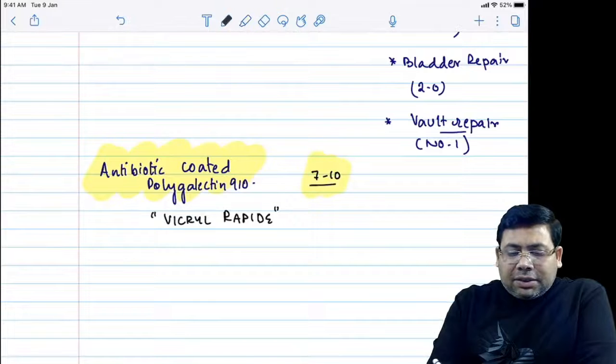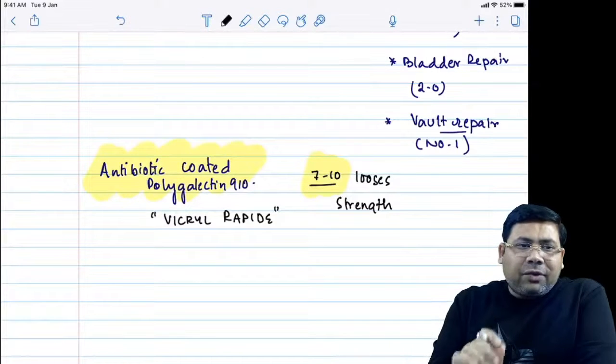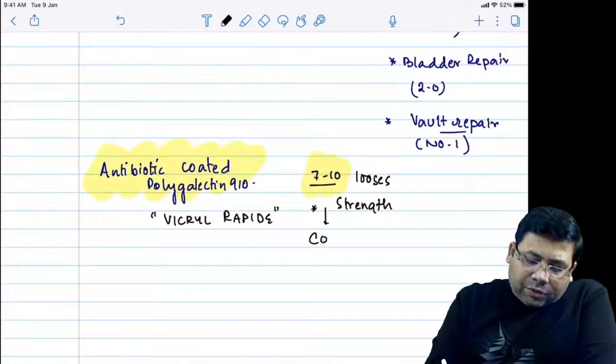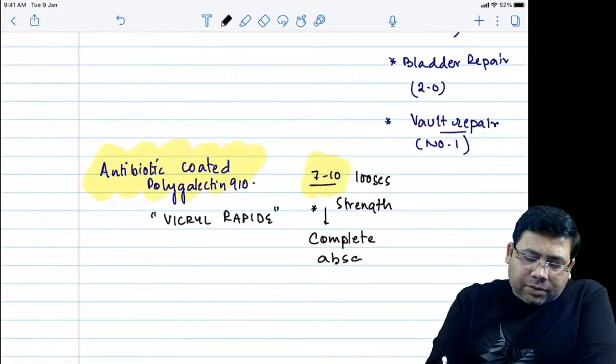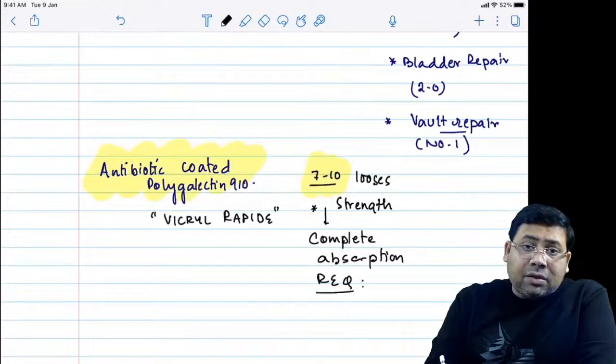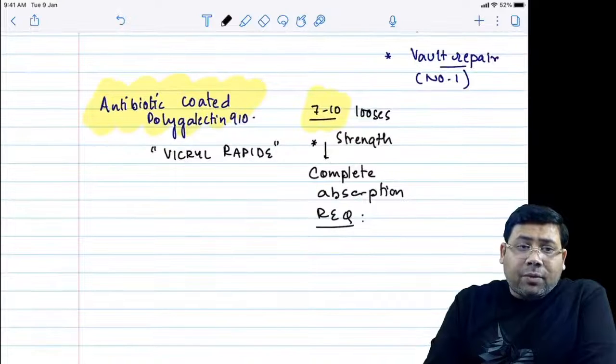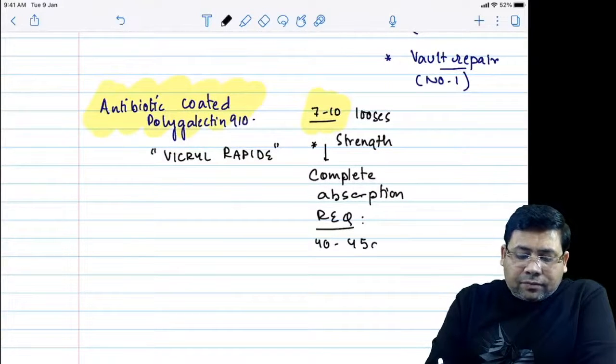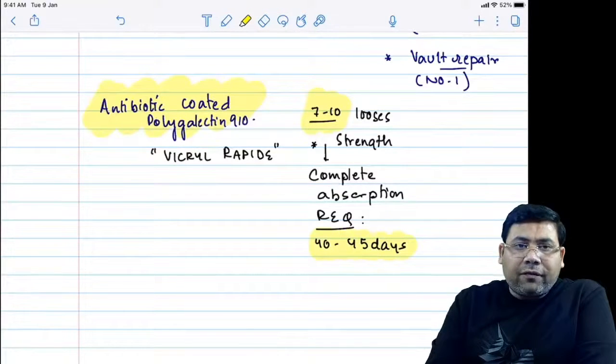Within 7 to 10 days, it loses the strength, and complete absorption requires 40 to 45 days.